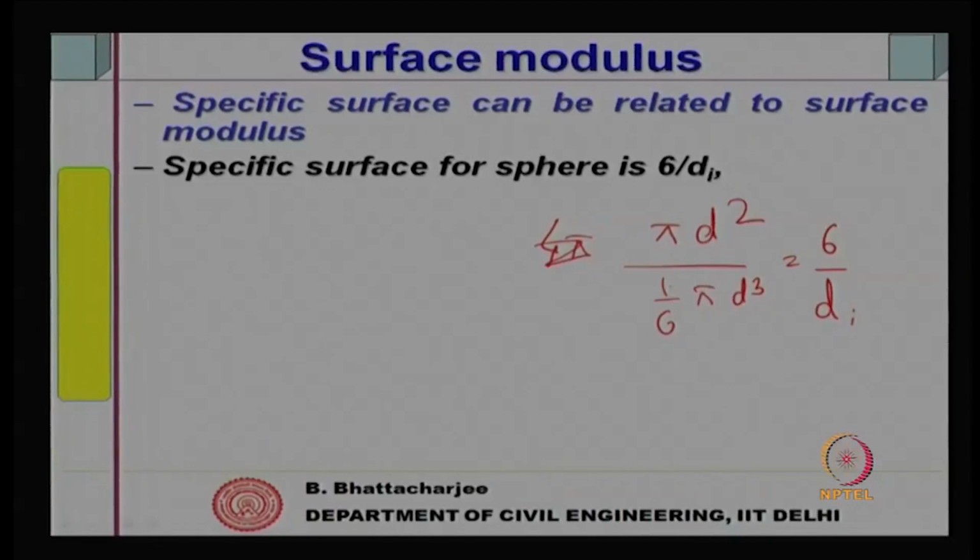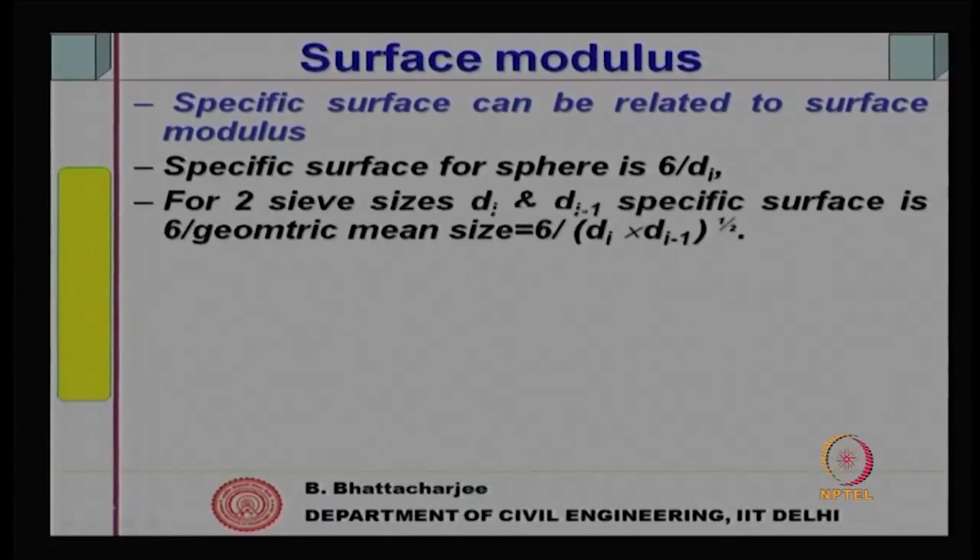For the ith particle size, it is 6 by di. So, specific surface for a sphere you can find out in this manner. Specific surface is surface area per unit volume.